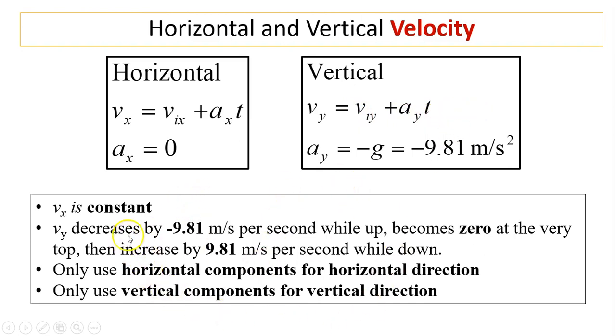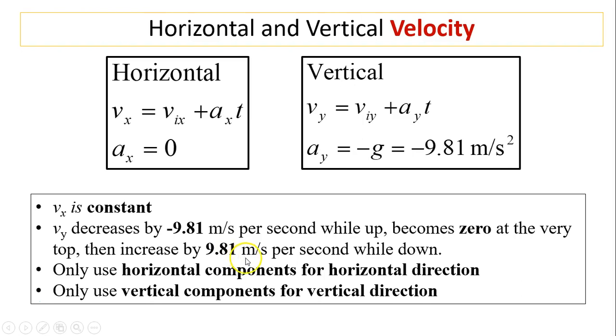So what this equation tells us is that velocity in the horizontal direction is constant. In the vertical direction, it changes by negative 9.81 meters per second every second. That means if the projectile goes up, its speed will decrease by that amount, becomes 0, then it comes down.